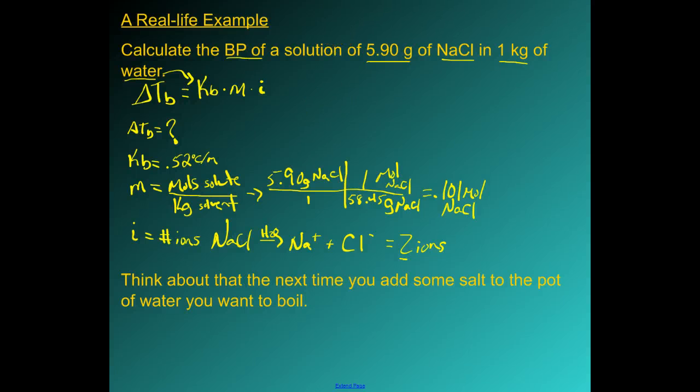So substituting in here, we have our delta T_b equals Kb, which is 0.52 degrees Celsius per mole, times m, the molality of the solution, which is moles per kilogram. So there's my moles.